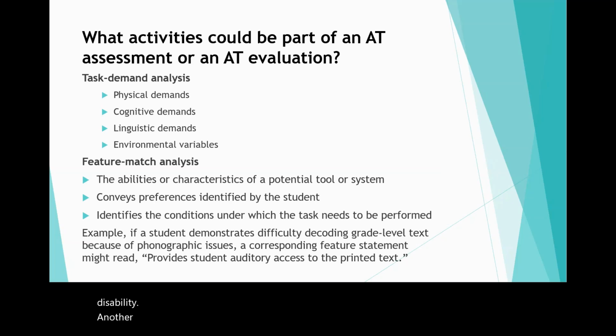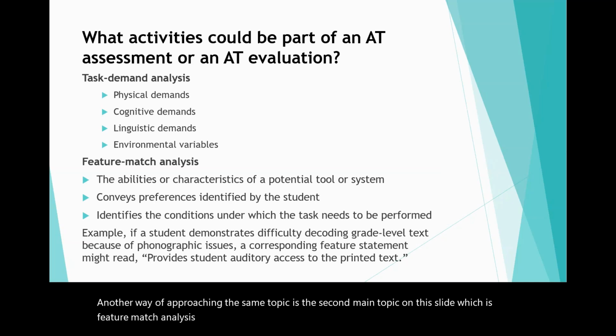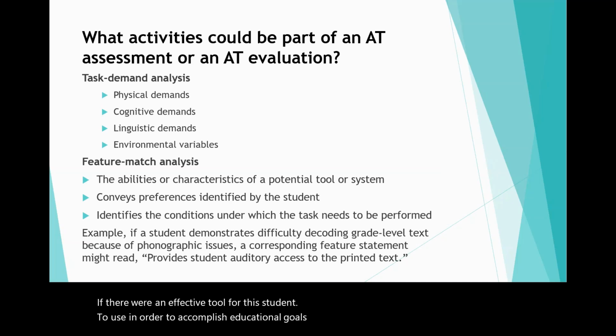Another way of approaching this same topic is the second main topic on this slide, which is feature match analysis. The team, if they're doing a feature match analysis, asks the question, if there were an effective tool for this student to use in order to accomplish educational goals and objectives, what would it be like?